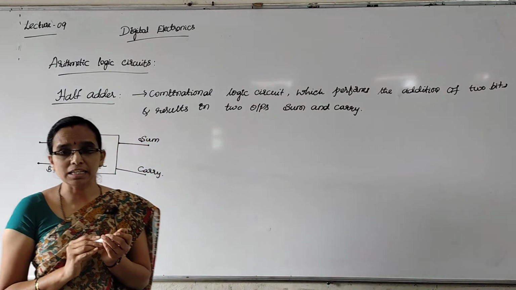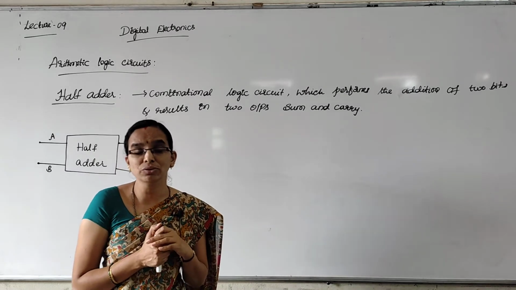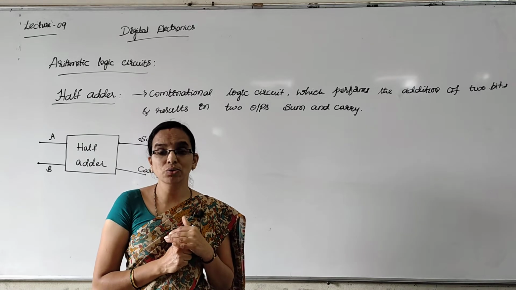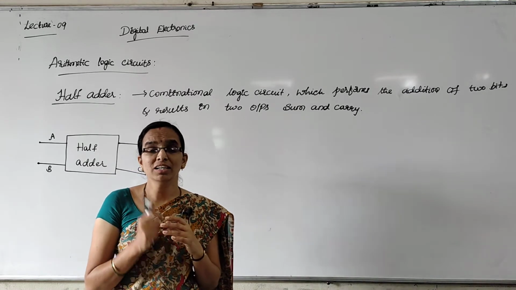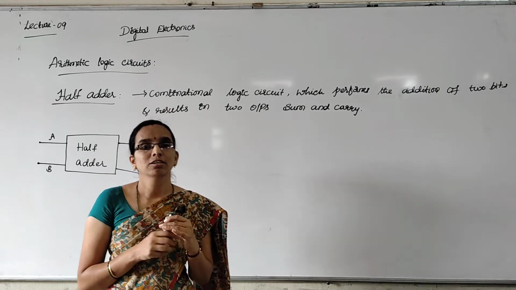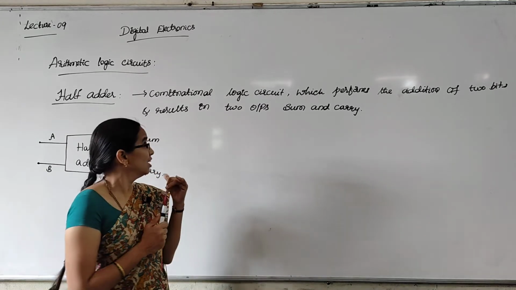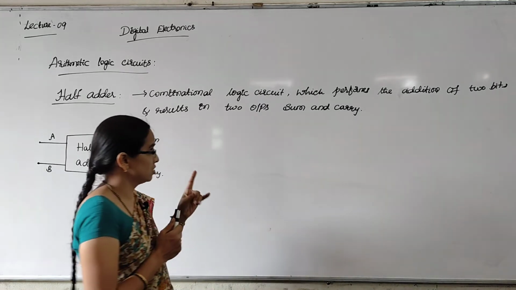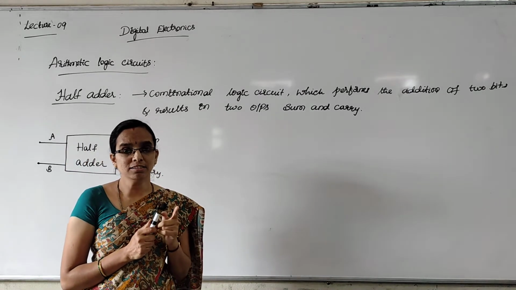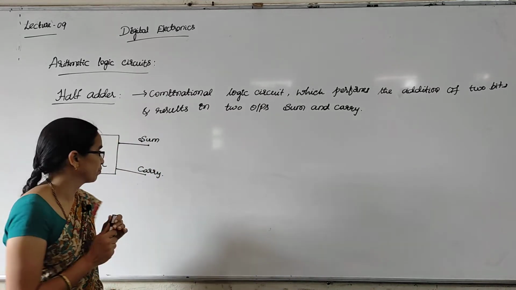Half adder is an arithmetic logic circuit which is a combinational logic circuit. Combinational logic gates we have studied, that is XOR and XNOR gates. So a combinational logic circuit is nothing but a circuit which uses combinational gates in its logic. So while explaining half adder, we will say half adder is a combinational logic circuit which performs the addition of two bits and results in two outputs, that is sum and carry.